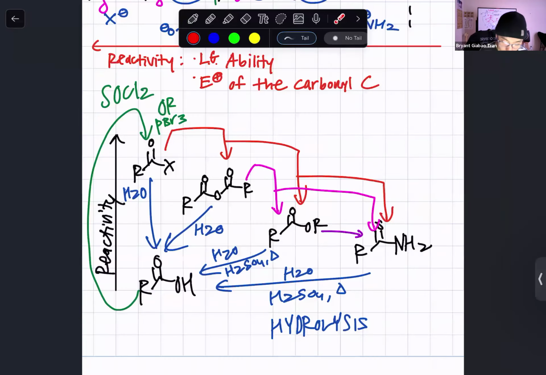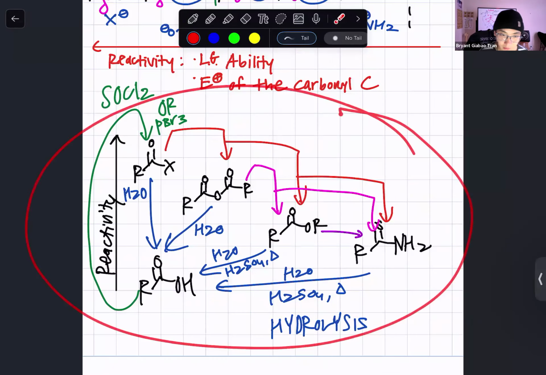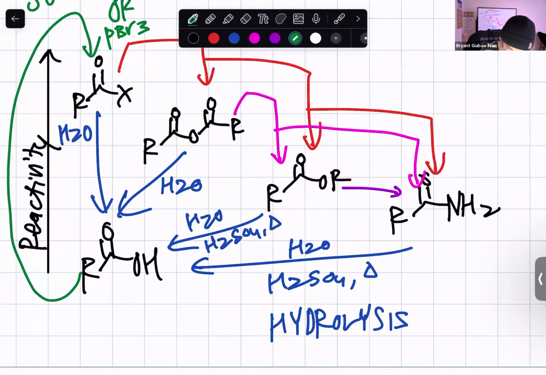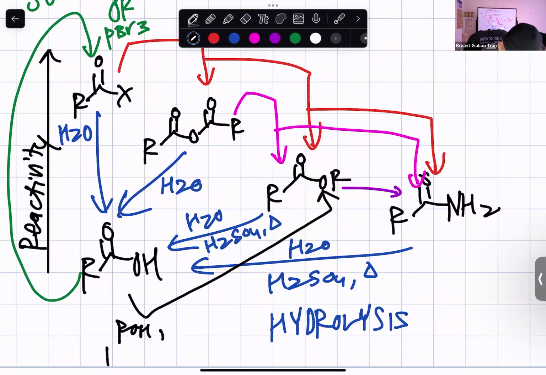So this is going to be the majority of the reactions in the first midterm, right? There's going to be a few other things, like converting a carboxylic acid to, let's say, an ester. You could use an alcohol, and it has to be in acidic conditions only, cannot be in basic conditions.